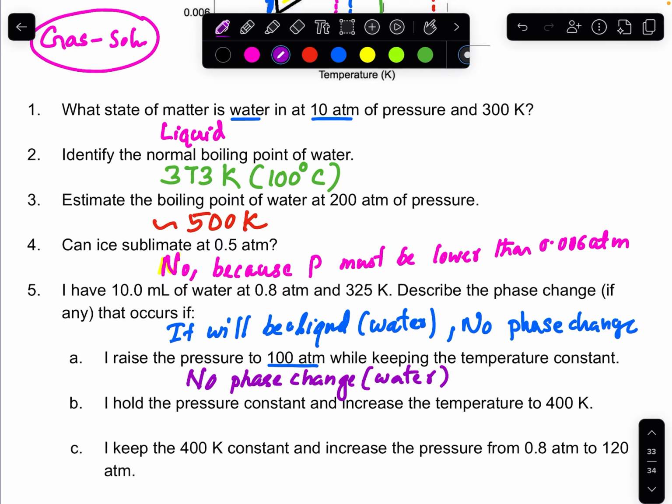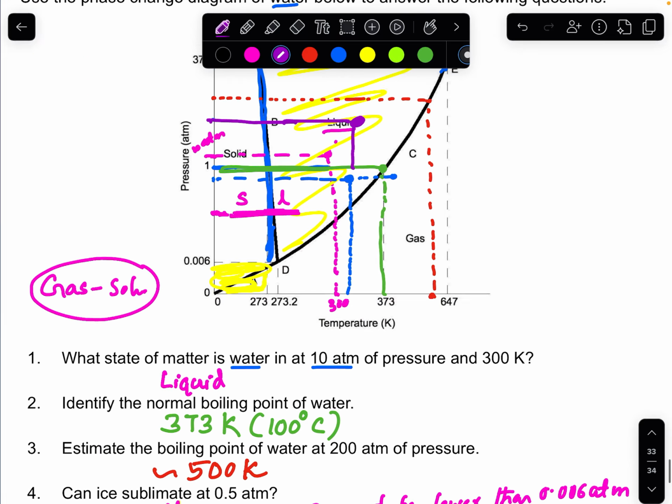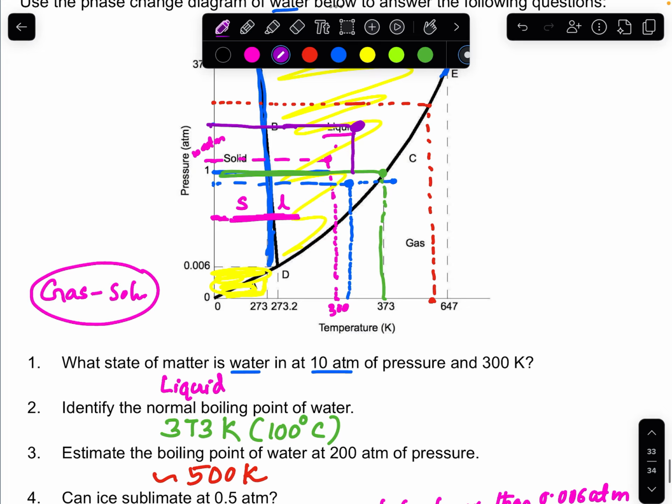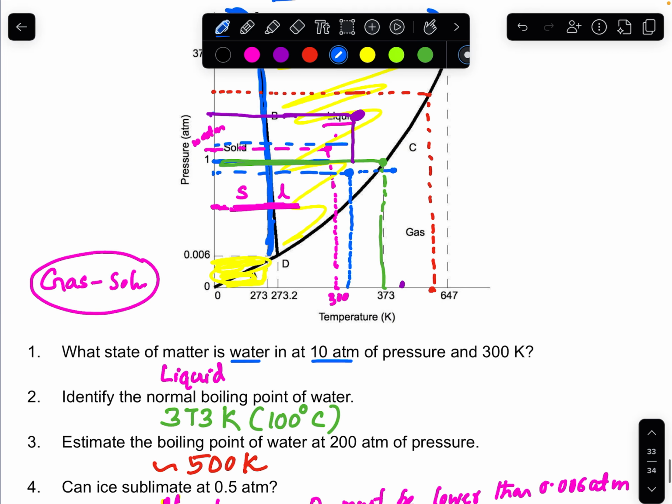Now I hold the pressure constant and the temperature is 400 Kelvin. So we are keeping the pressure at 0.8 atm, and the temperature is now 400 Kelvin, so that will be here.